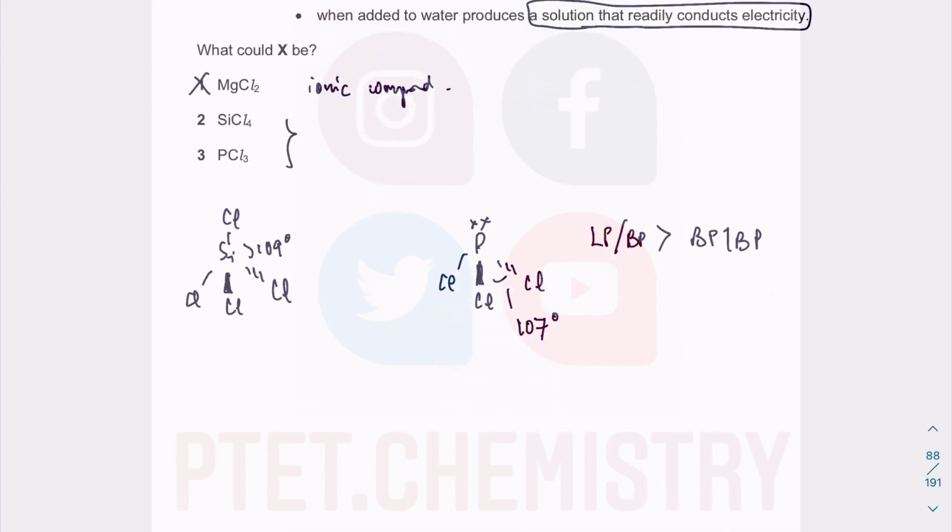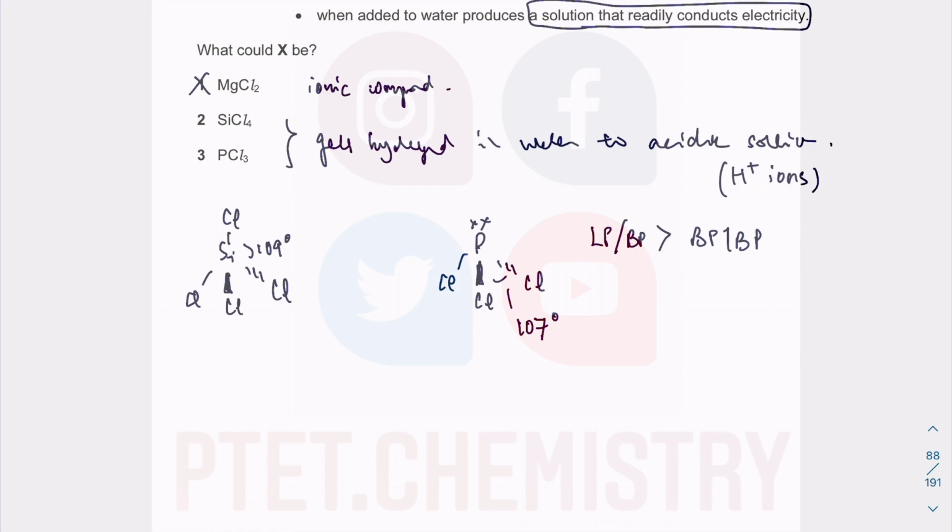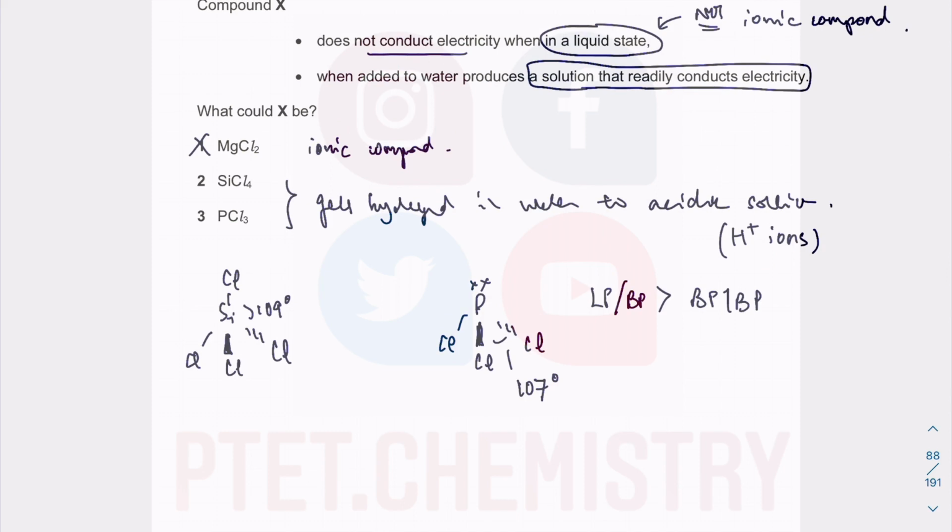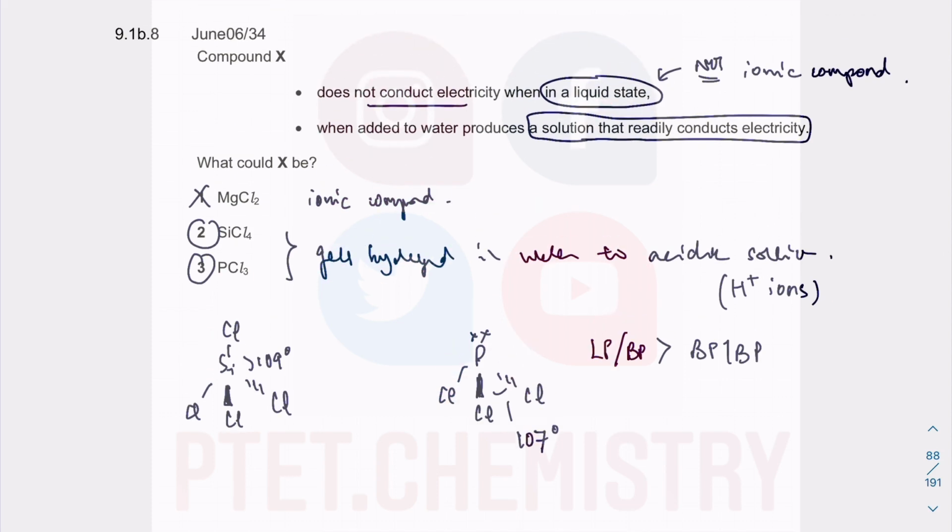We know both of these get hydrolyzed in water to acidic solution, because when you get acidic solution, you get H+ ions, and if you get H+ ions, you get free ions in the solution, therefore they can readily conduct electricity. But just by knowing that 1 is wrong, there is no other option apart from 2 and 3 that are suitable from the options given. So we would have known that anyway, just from the first bit of information here. All right, so 2 and 3 is option C, and that's it really.